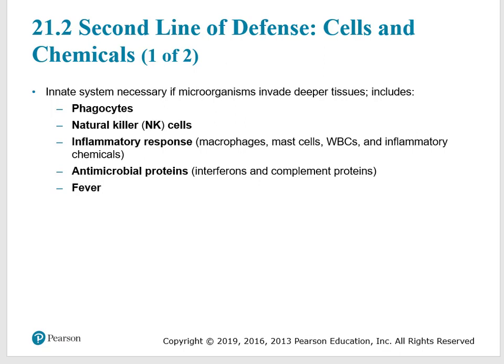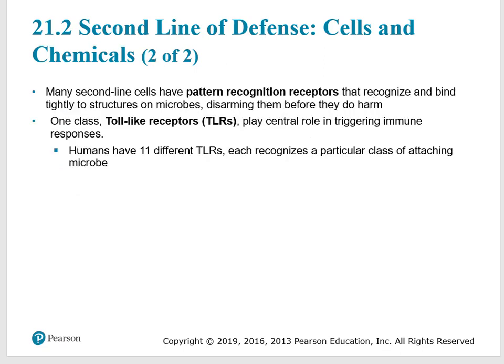Phago means eating, so phagocytes are the cells that eat. Natural killer cells also do the same thing. Inflammation itself is geared towards containing the infection from spreading to other parts of the body. Antimicrobial proteins include interferons and complement proteins, and then fever.